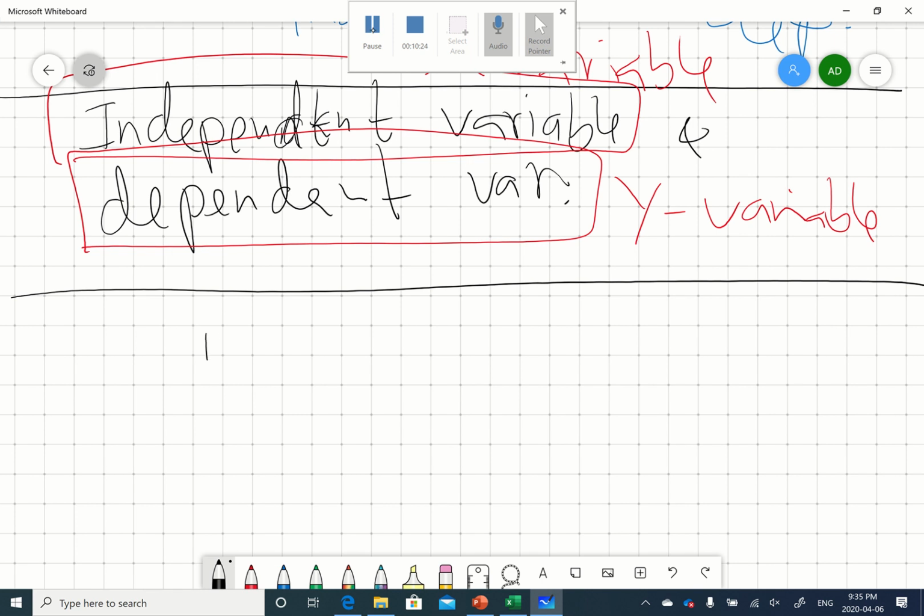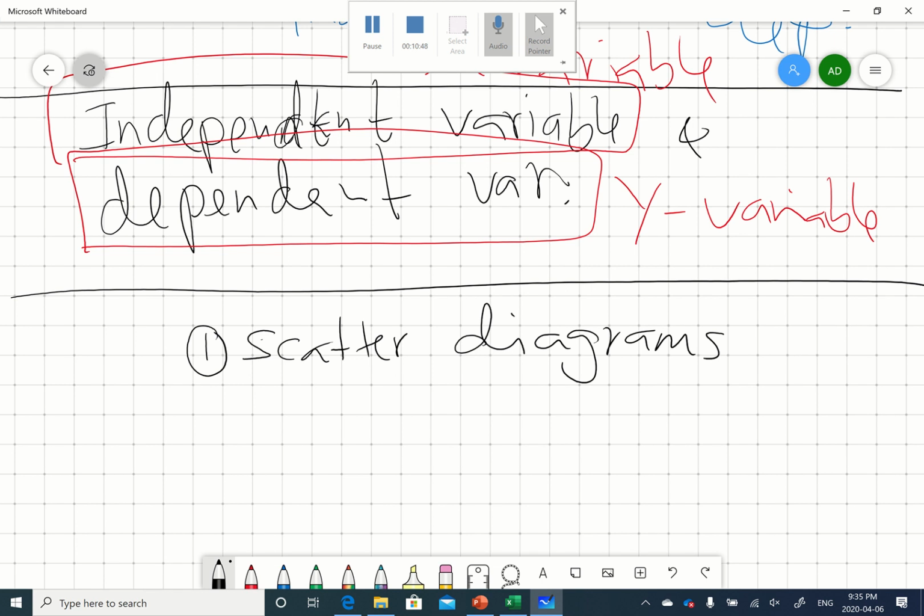So one method is the simple plot, XY plot. We call it a scatter diagram. So scatter diagrams would be the starting point of any regression analysis, because you get to see the pattern when you plot X versus Y, right?